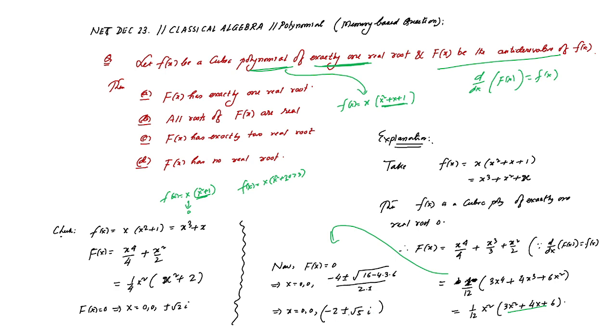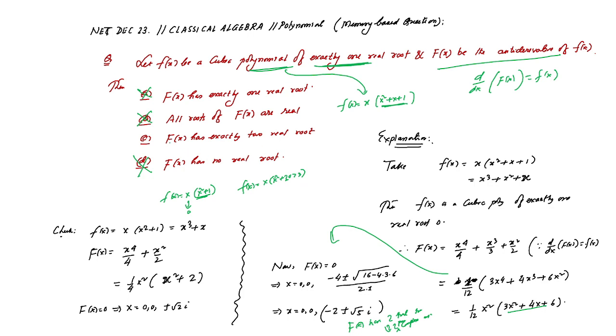From that you will see capital F(x) has two real roots and two purely complex roots. So the option that F(x) has exactly one real root is discarded. All roots of F(x) are real is also discarded. F(x) has no real root is also discarded. So only one option is left.